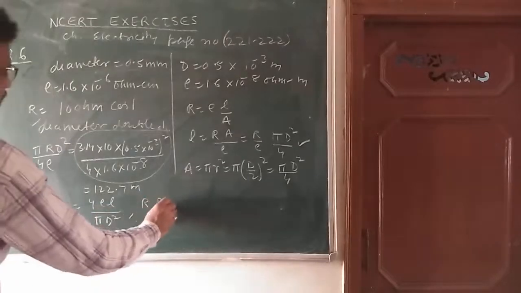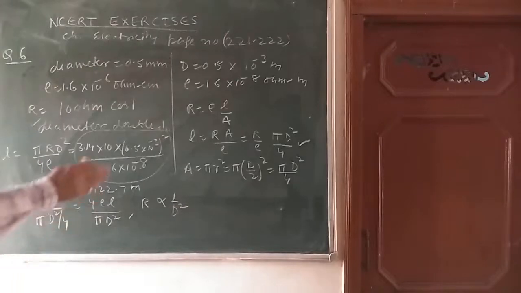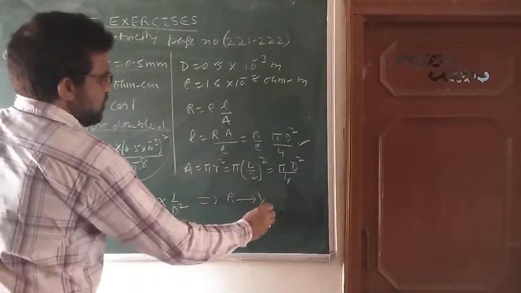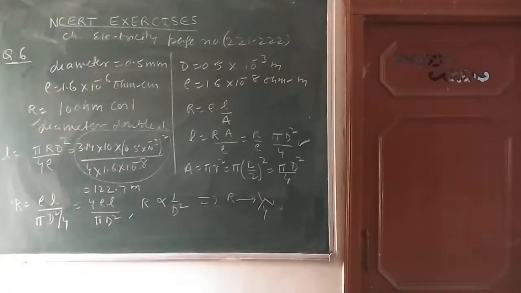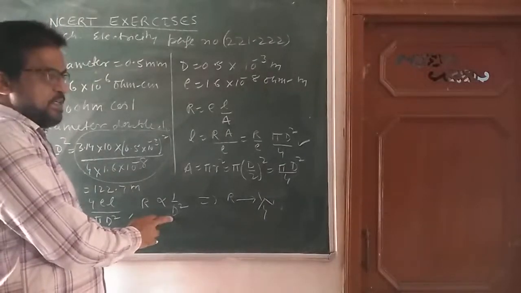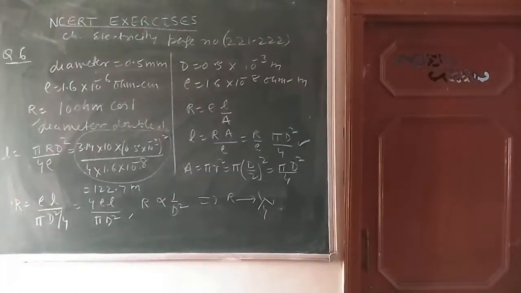So you see that R is proportional to 1 by D square. Diameter is doubled. So R becomes 1 by 4 times. This is the result. When diameter is doubled, resistance will become 1 by 4 times. Is that clear? So write down.